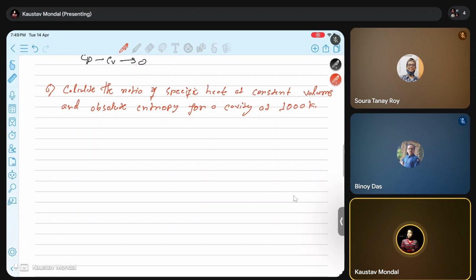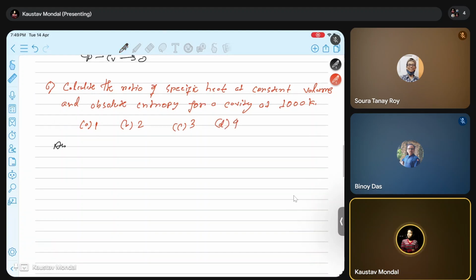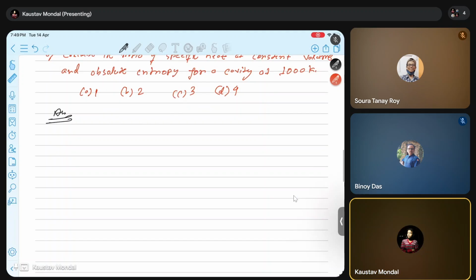The options are option A 1, option B 2, option C 3, and option D 4. The answer would be, we know the Cv expression is 4 A B T cube, and S, the entropy, is 4A by 3 into B T cube. So if you take Cv by S, it will give you 3. So the correct option will be option C, 3.